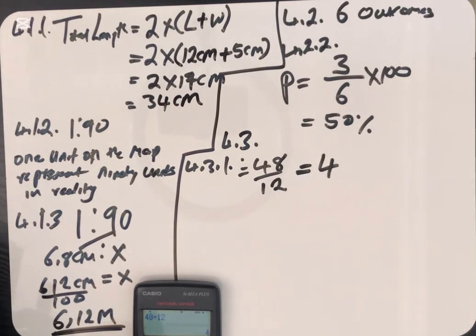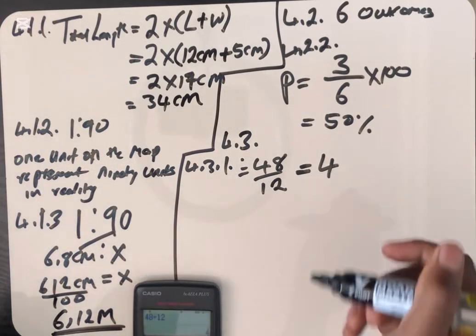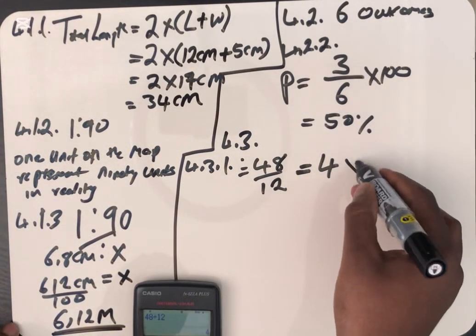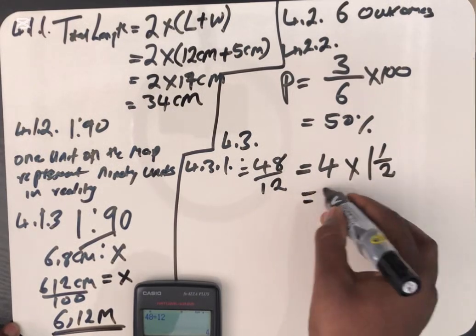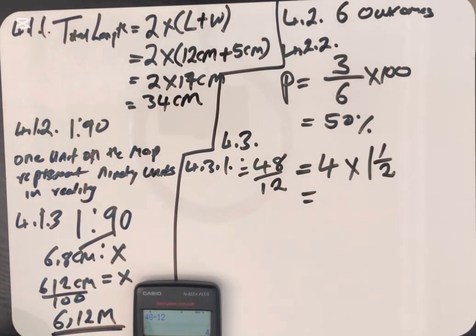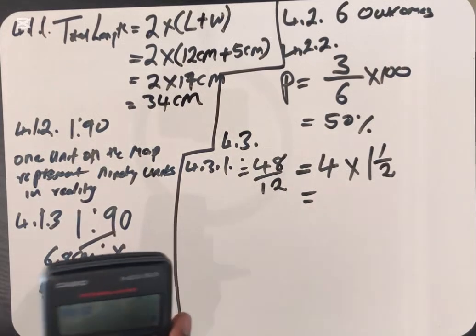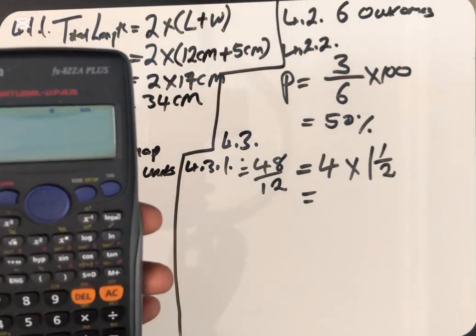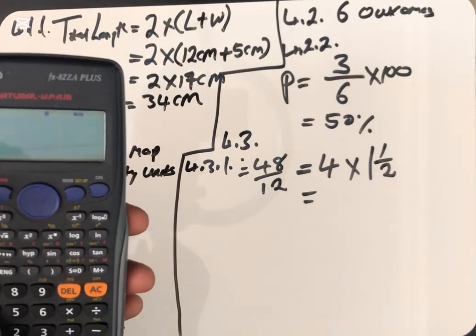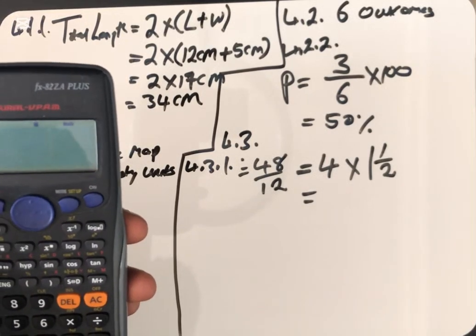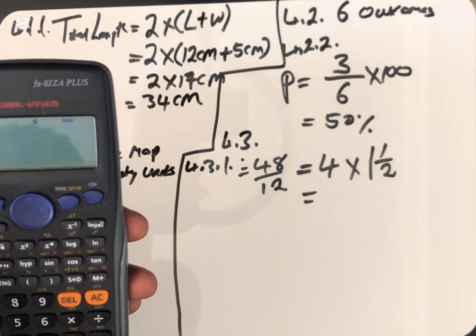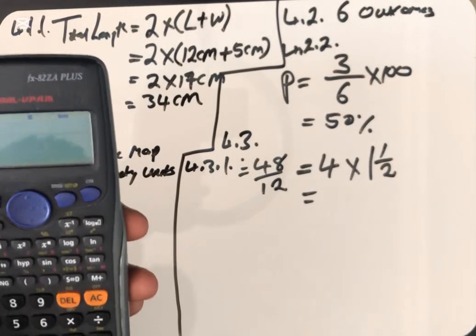And we know that each 12 require 1.5. So we can just multiply 4 by 1 and a half. You'll be able to find the number of cups. So what you need to do, you take your calculator just like this. You're going to say 4 multiplied by, you press this button here, the one that gives you a mixed fraction.